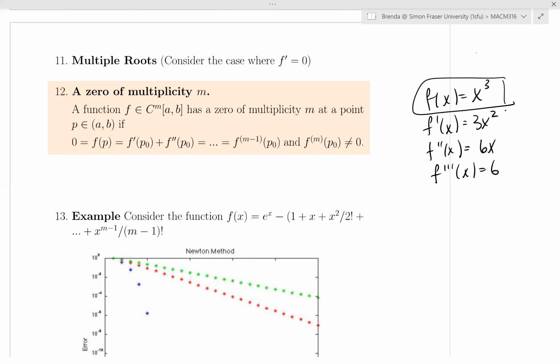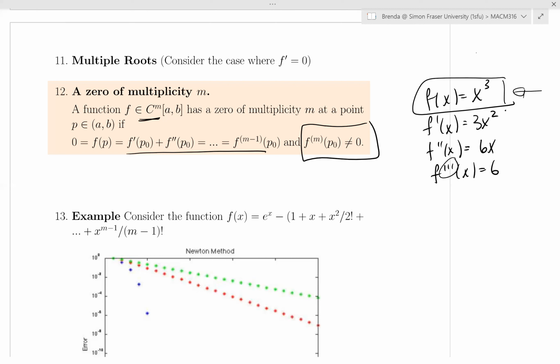A function that is continuous on its first m derivatives has a 0 of multiplicity m if the first m minus 1 derivatives are 0, but the mth one is not. That's exactly what we saw here. You'll notice the third derivative is not 0, and you'll notice that this thing has a root of multiplicity 3.